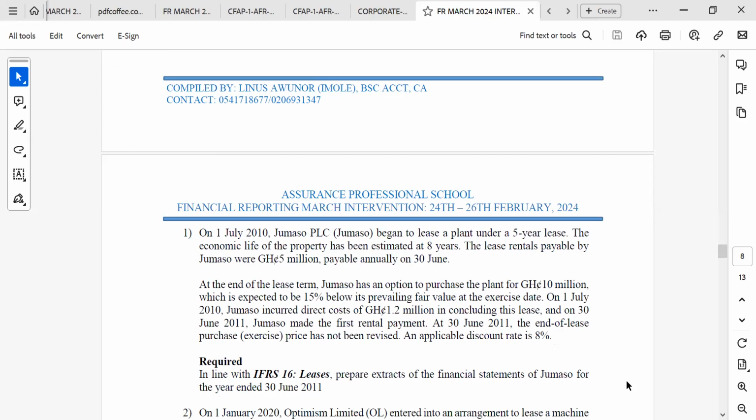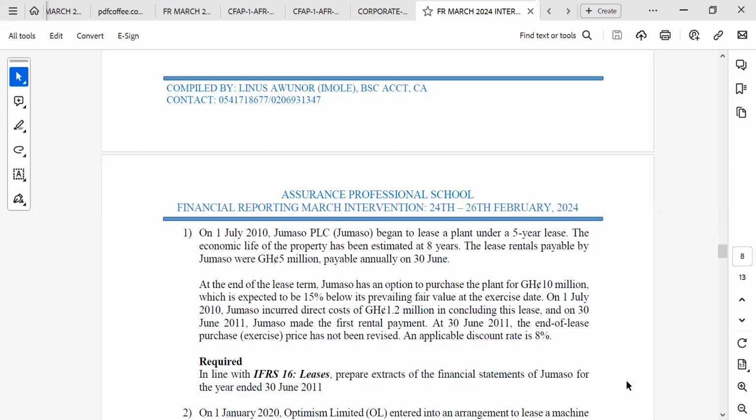On 1 July 2010, Jumaso PLC began to lease a plant under a 5-year lease. The economic life of the property has been estimated at 8 years. The lease rentals payable by Jumaso were 5 million cedis, payable annually on 30 June. At the end of the lease term, Jumaso has an option to purchase the plant for 10 million cedis, which is expected to be 15% below its prevailing fair value at the exercise date.